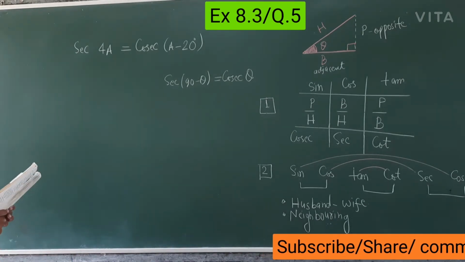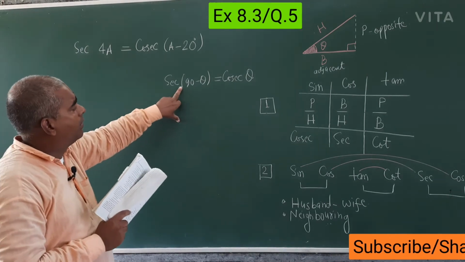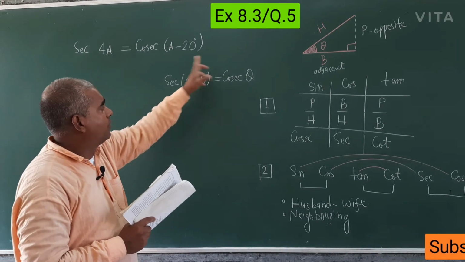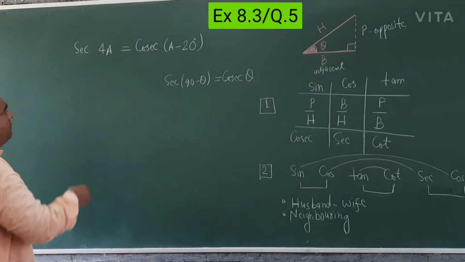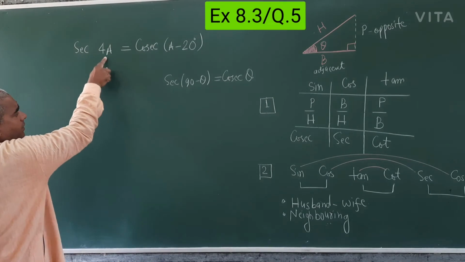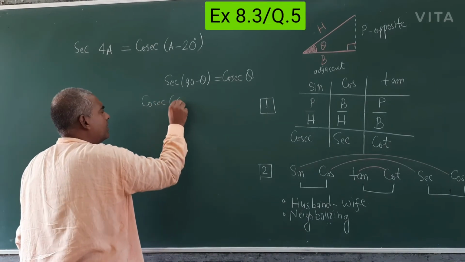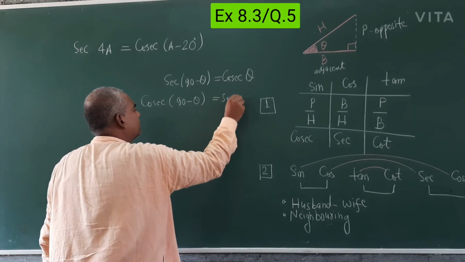So you can write cosec theta in terms of sec theta and sec theta in terms of cosec theta. Another formula is cosec (90 minus theta) is equal to sec theta.